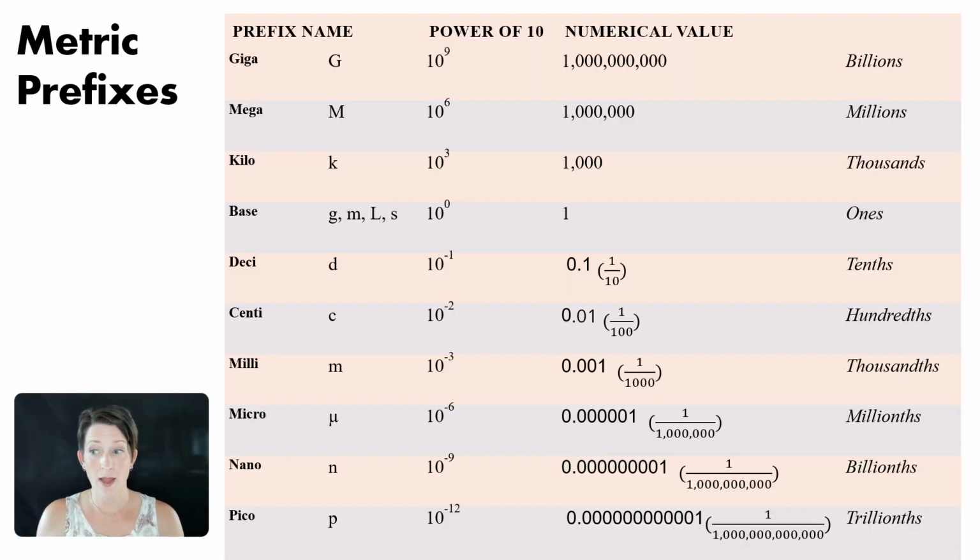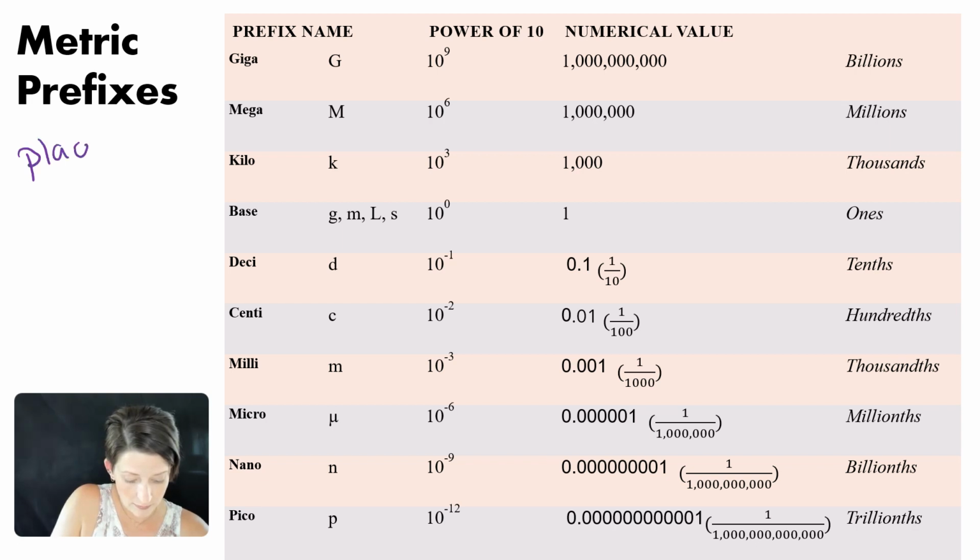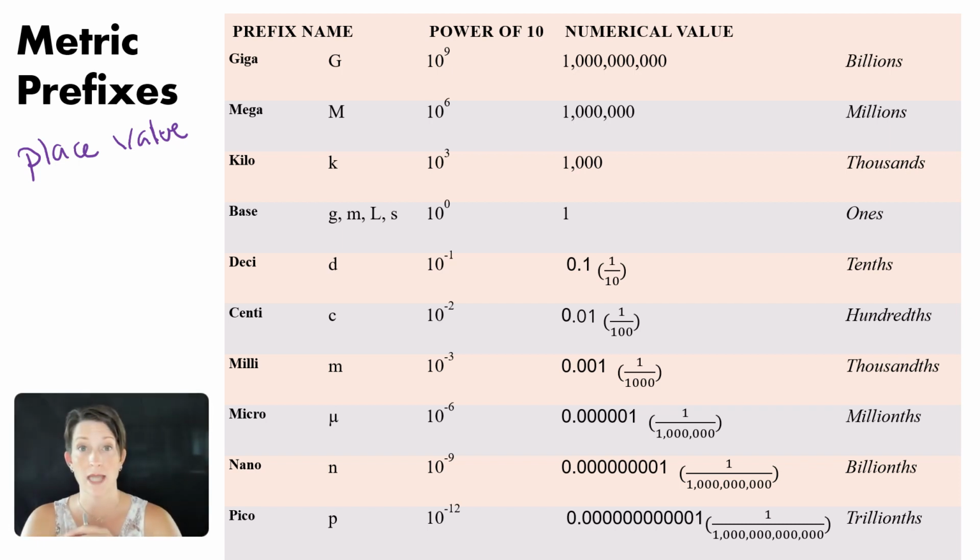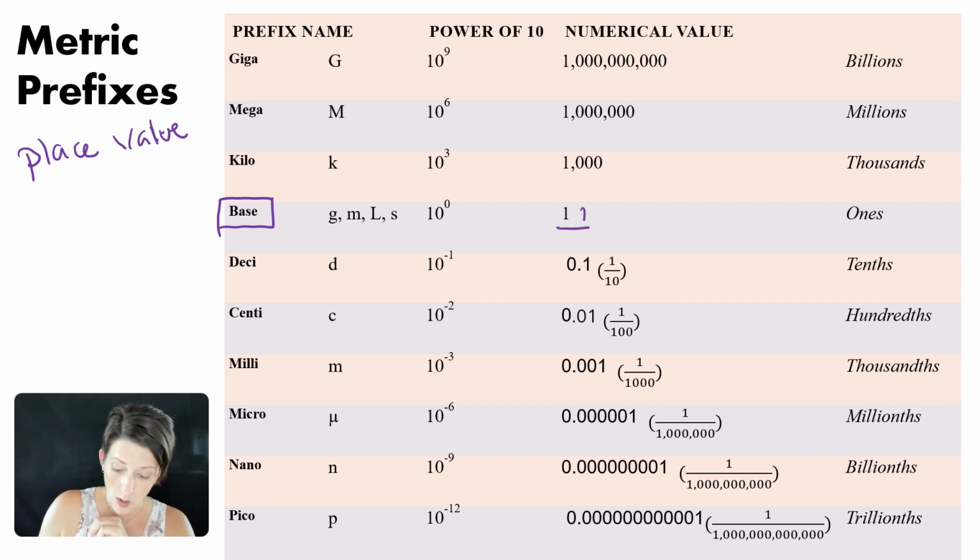We have that base unit, which we just talked about, depending on what it is we're wanting to measure. Here we have the list of metric prefixes. These provide us the place value that our measurement resides in. Starting with our base, so that grams, meters, liters, seconds, that is the place value of 1. We can go above 1, we can go less than 1. I did not say negative number, but just smaller than 1.